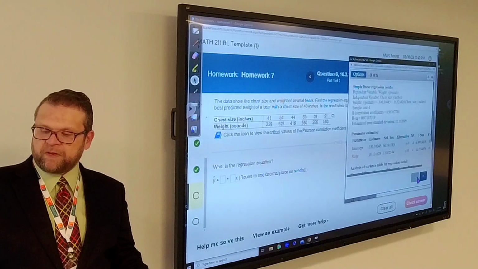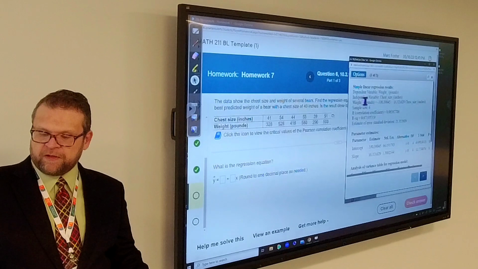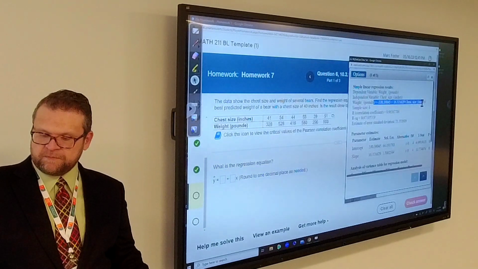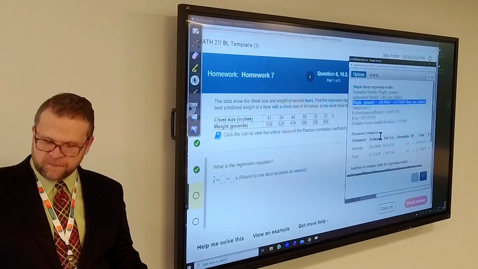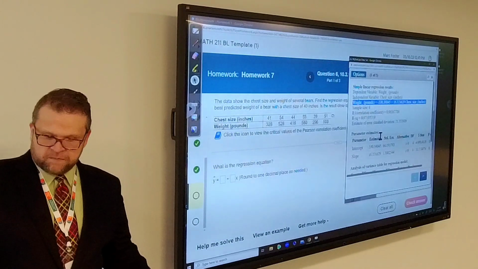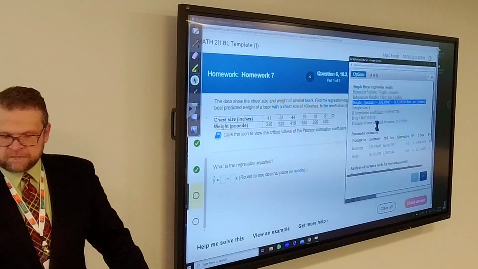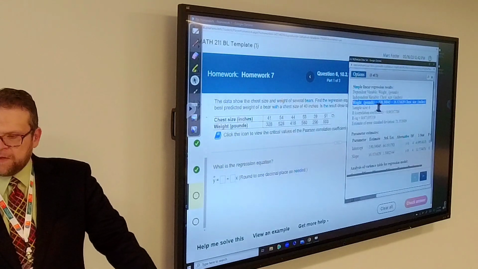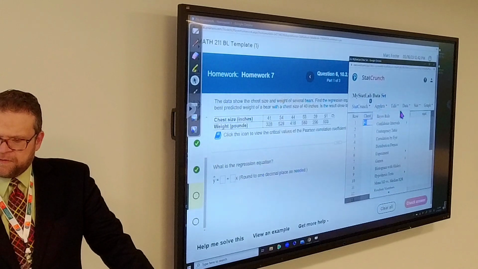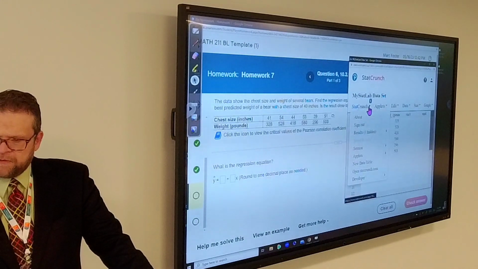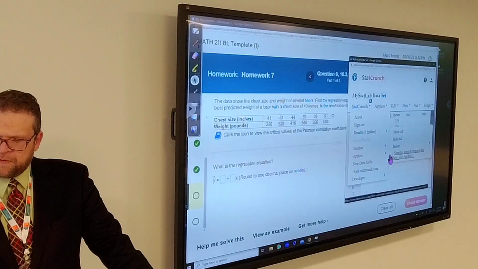There's the picture, and they want the equation. Well, this is it. It doesn't say Y and X, but something went wrong here. Hold on. Chest size should have been first one.